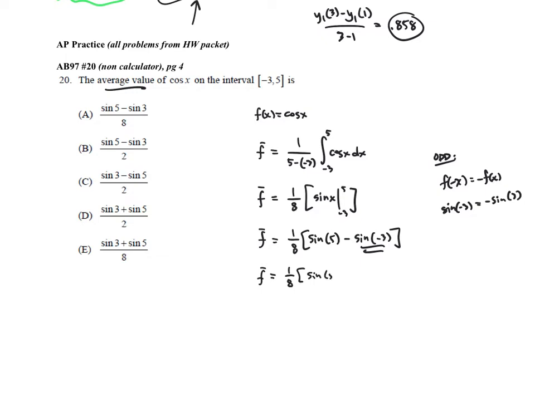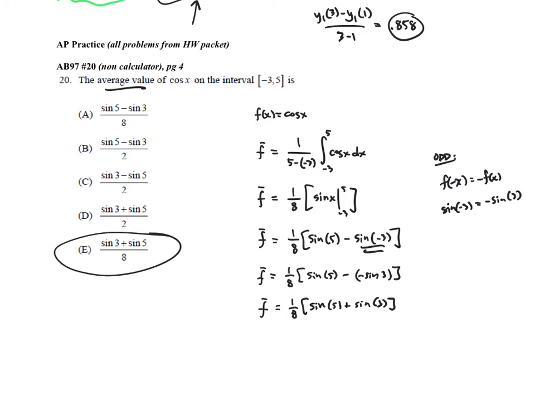This would be sine of 5 minus a negative sine of 3, using that property of odd functions. Thus, this would be the average value. Nice little twist in this problem: 1/8 the sine of 5 plus the sine of 3. Let's find that. In our options, it looks like that option is E. Okay, so again, nice little nugget of information right there.